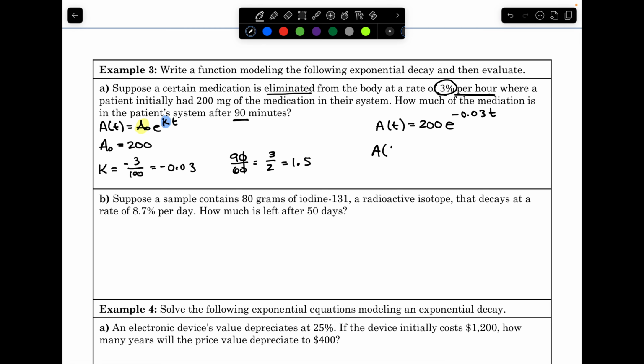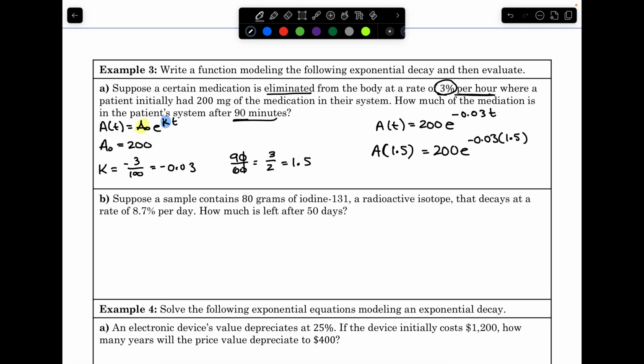So we're going to determine the amount when our time is 1.5 hours: 200 e to the negative 0.03 multiplied by 1.5.